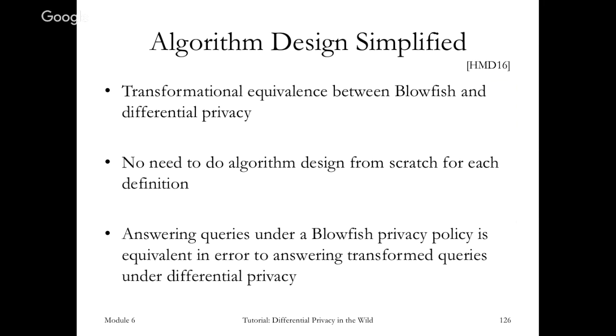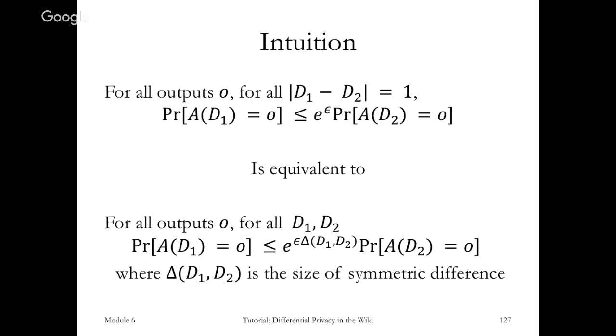Based on this equivalence, we don't have to design new algorithms for every new privacy policy, so that you can just answer queries for Blowfish privacy by transforming them into queries answered under differential privacy with equivalent error.